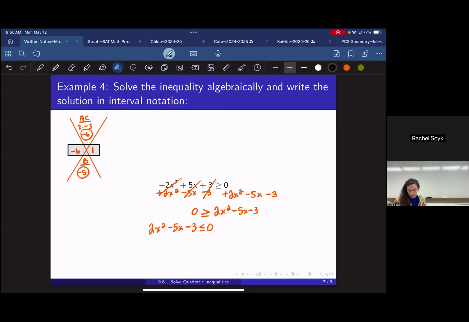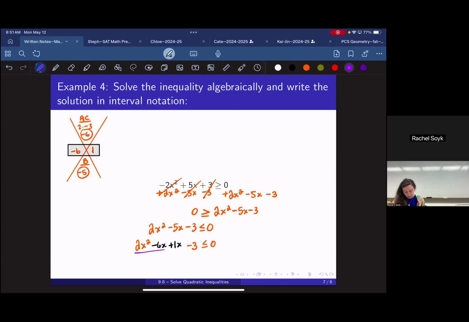So what can we do? We can keep the first and last values the same and manipulate that 5x into negative 6x plus 1x. And then utilize pulling out a greatest common factor.